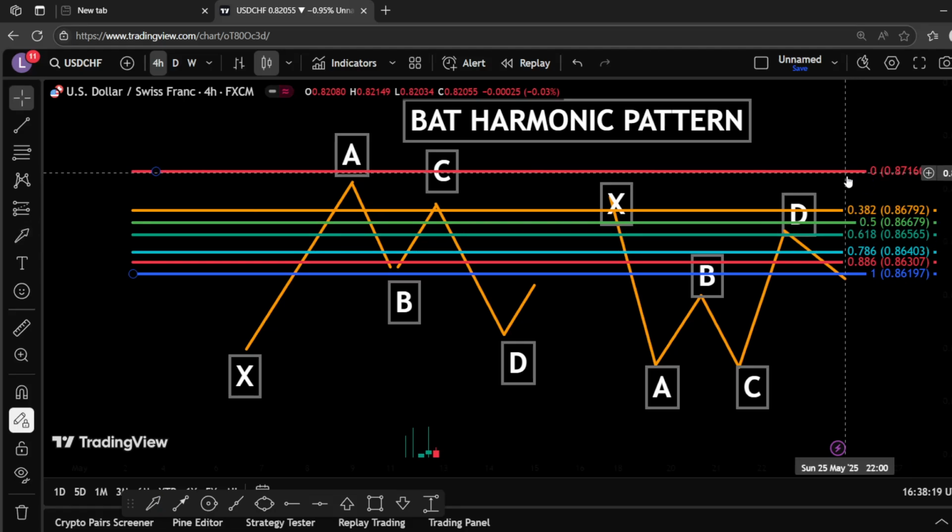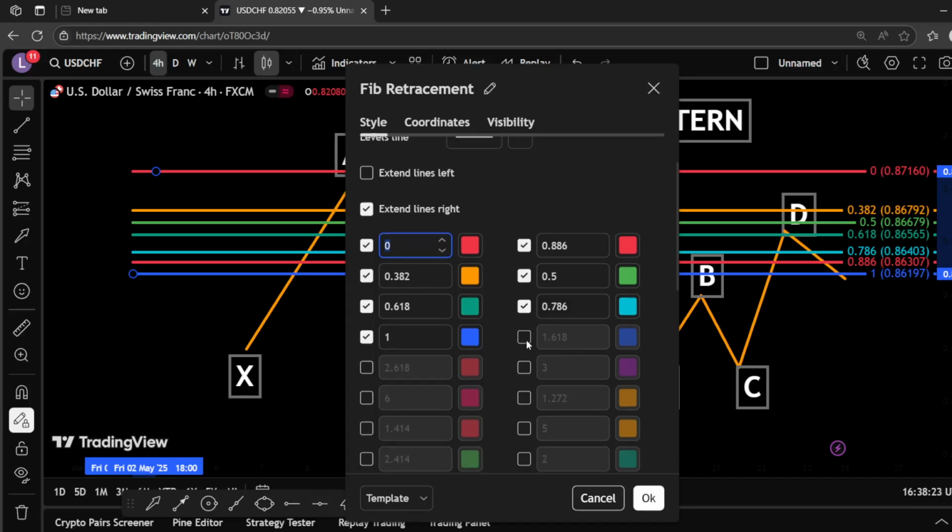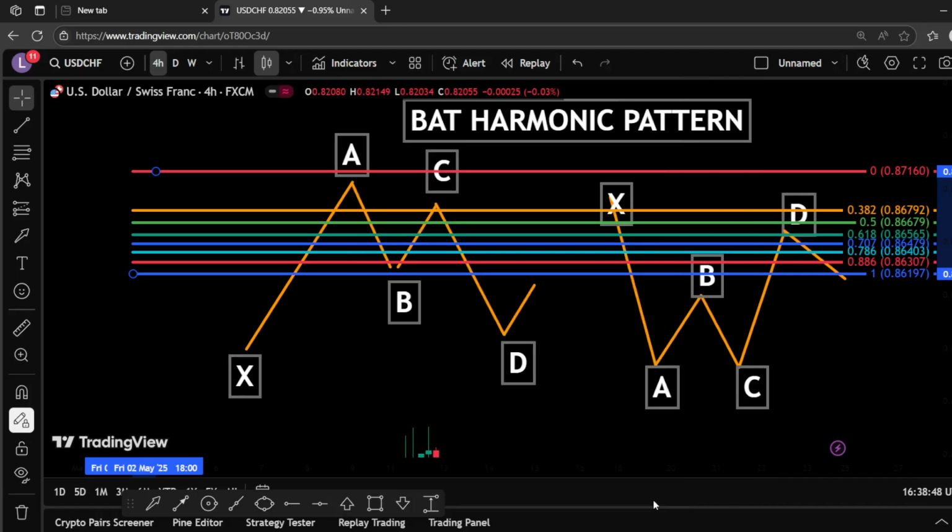Let me show you how you add those numbers. Let's say, for example, we want to add the 0.707 fib. Click on any one, delete the number that is there, and then type in 0.707 like this. That's it. That number then appears on my fib.